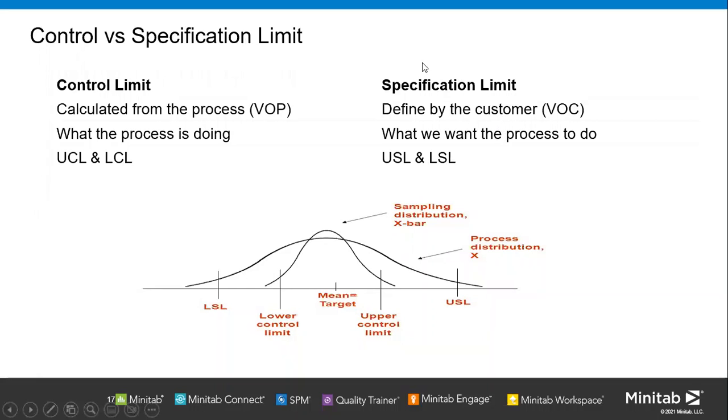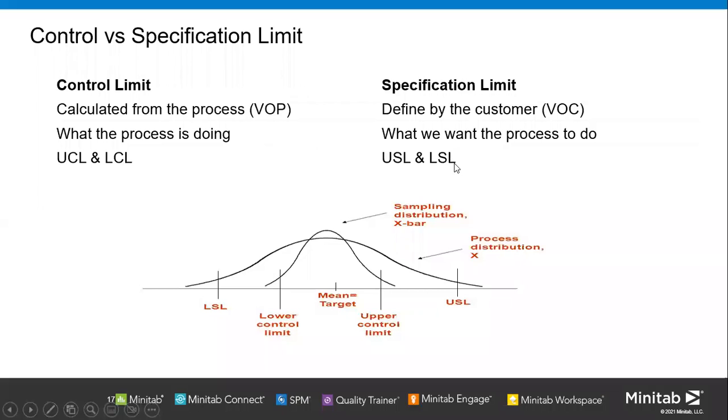It's different from the control limit. For an ongoing process, you can get the control limit. In the control limit we have the upper control limit and the lower control limit. For the spec we have the same: the upper spec limit and the lower spec limit.